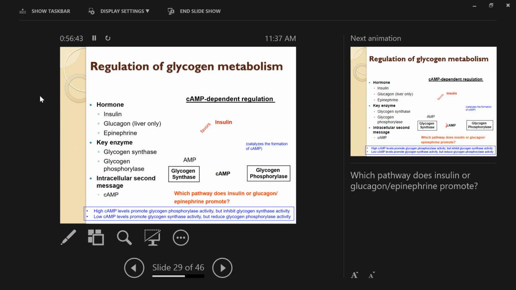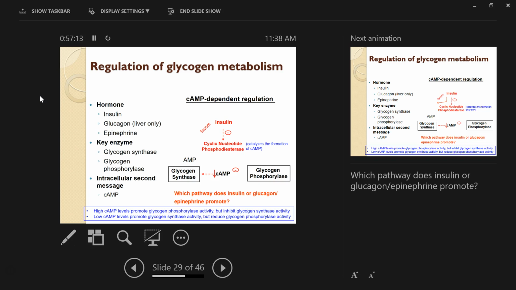And this is pretty much the same thing. I just wanted to give you a better view of how insulin decreases cyclic AMP level, basically because insulin inhibits the cyclic nucleotide phosphodiesterase, the enzyme that catalyzes the formation of cyclic AMP.